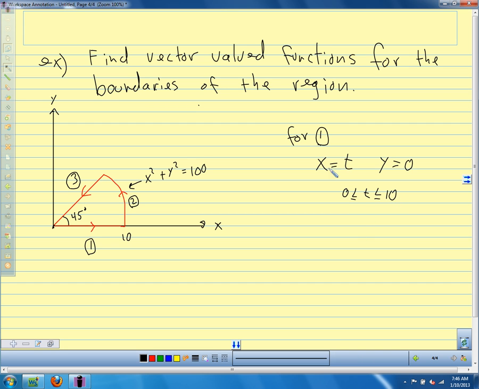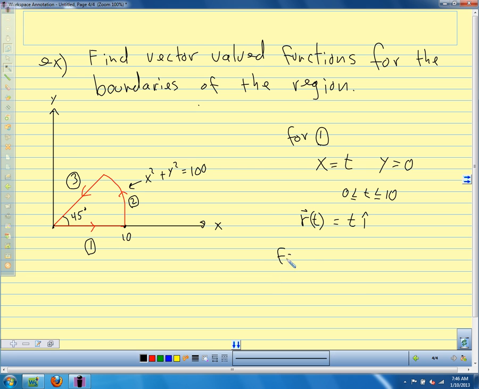So that would be parametric equations for this curve. So let's turn that into a vector valued function. r of t for the first boundary is just going to be ti for 0 less than or equal to t less than or equal to 10. So that's going to take us from here to this point here.